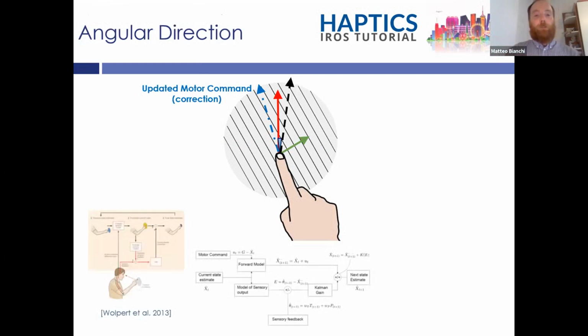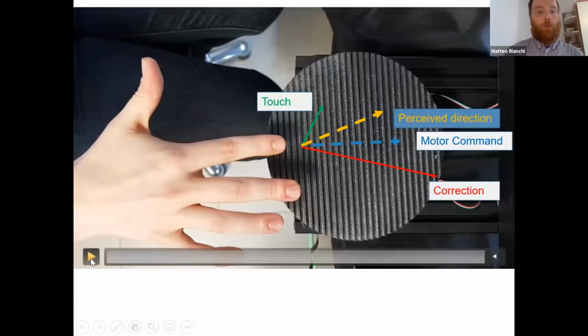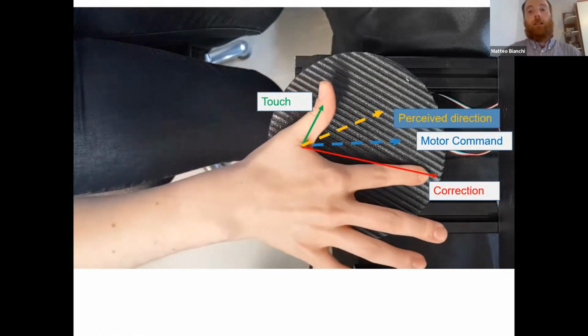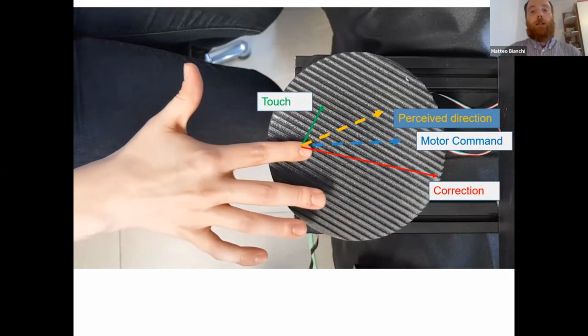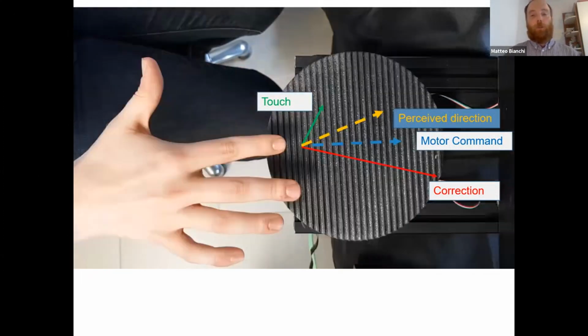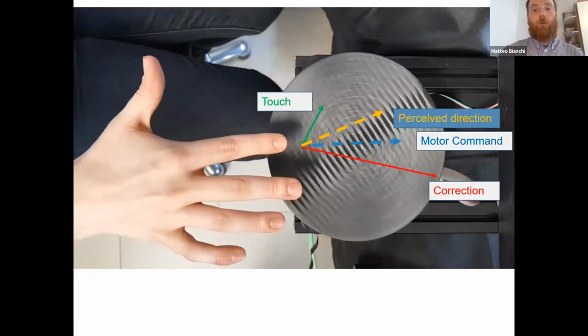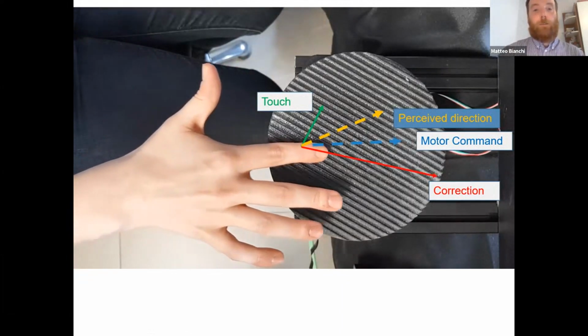We have modeled this behavior using a Kalman filter approach. In this video, you can see what I have previously mentioned: the motor command, the perceived direction, and the correction. The perceived direction is a combination of the motor command and the tactile flow estimate.